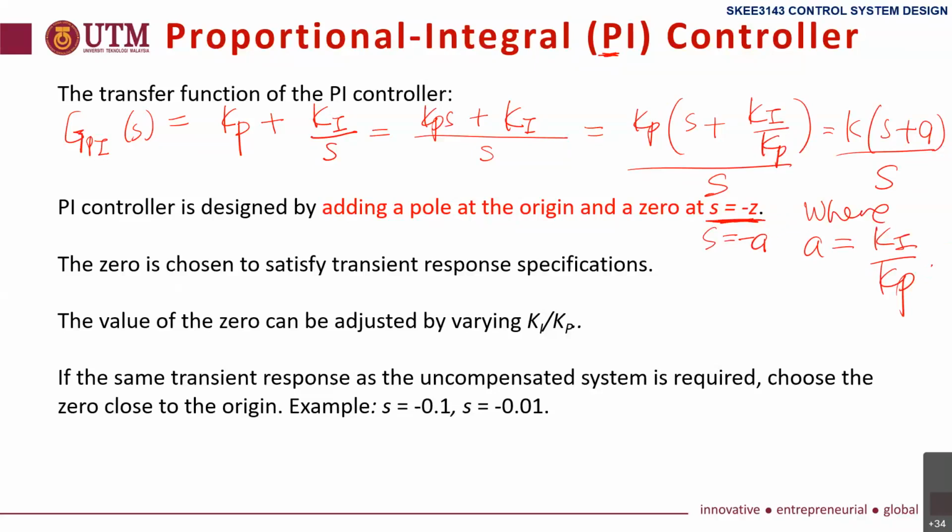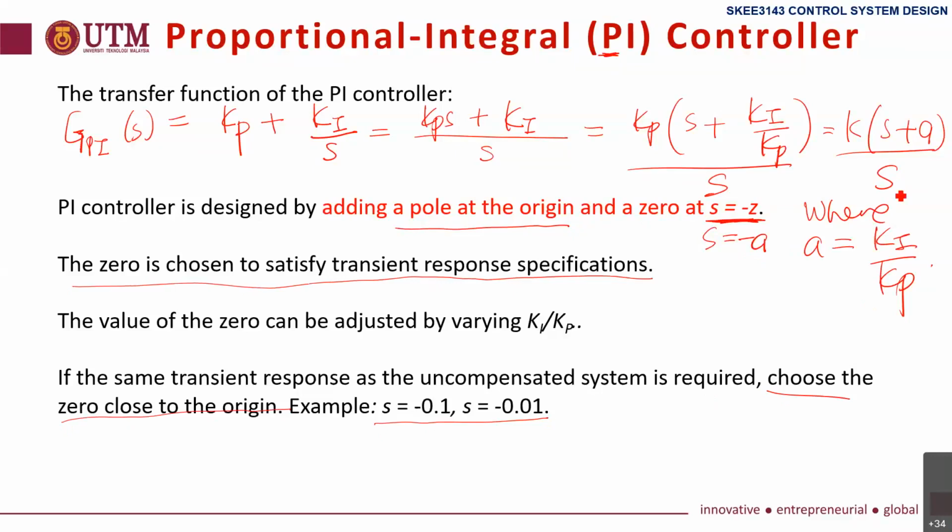PI control is designed by adding a pole at the origin, S equals 0, and a zero at S equal to minus A. A must be small. Choose the zero close to the origin, for example, negative 0.1 or 0.01. The zero is chosen to satisfy transient response specification.